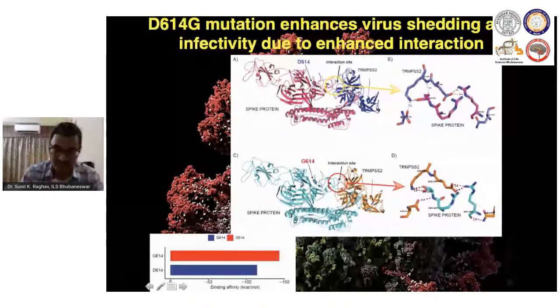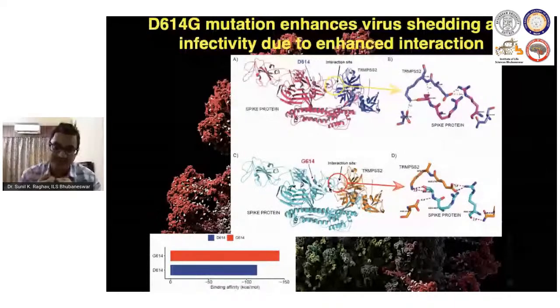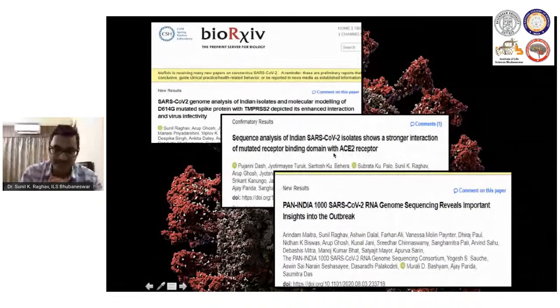This interaction site comes closer, and that leads to increased cleavage of this spike protein, leading to increased interaction of this receptor binding domain with the ACE2 receptor, and thereby leading to increased infectivity of the virus. We call it increased virus shedding. So we have submitted these preprints, basically publications in bioRxiv, an open archive, and they are in review in other journals as well.